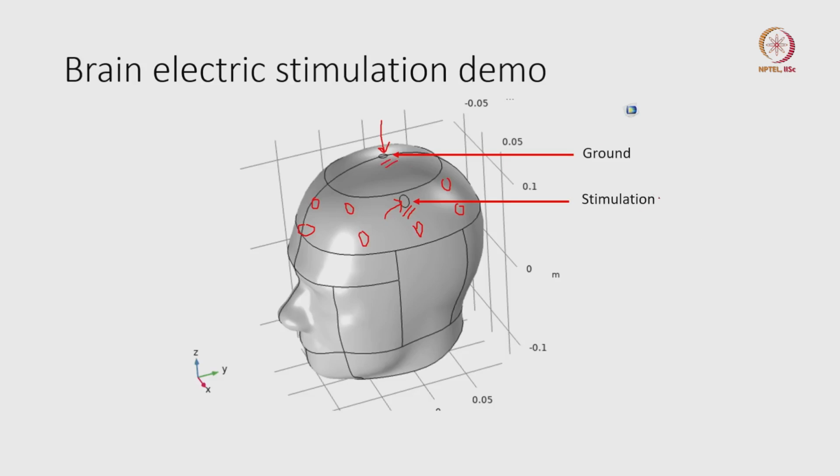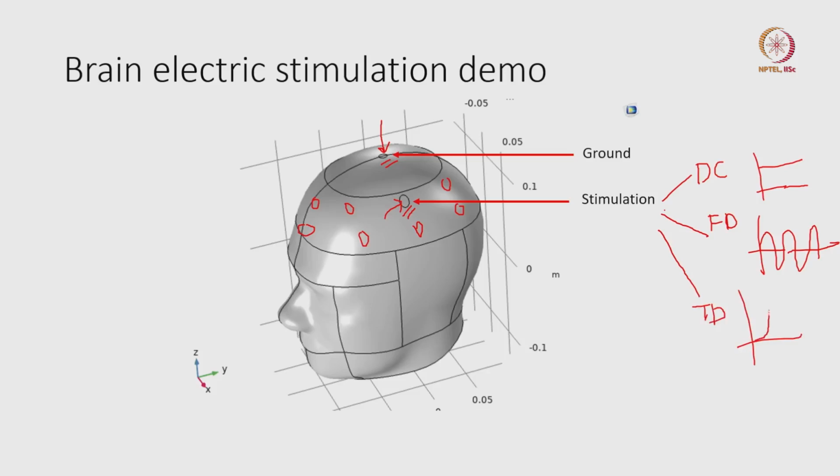Again, the stimulation could be various. You can start with DC, a DC signal that you can give at maybe 10 millivolts or so, or you can do a frequency domain simulation, where you stimulate with certain frequencies, or you can do a time domain simulation, where you give an impulse, a Gaussian pulse of very short duration, to see how the stimulation is going to affect the tissues within the brain.